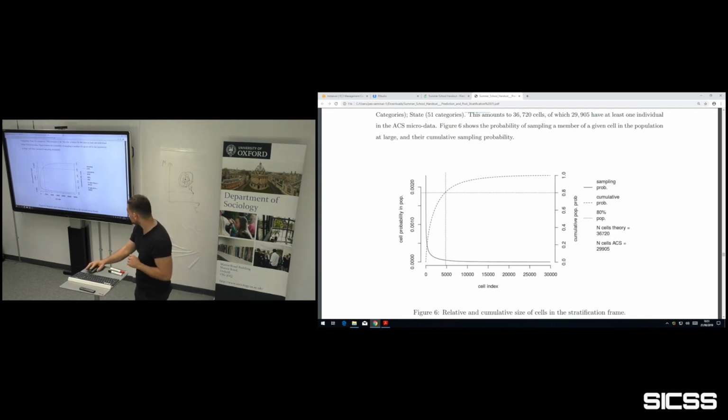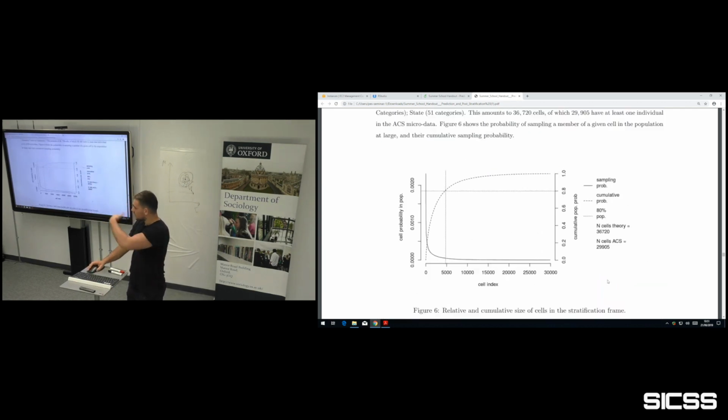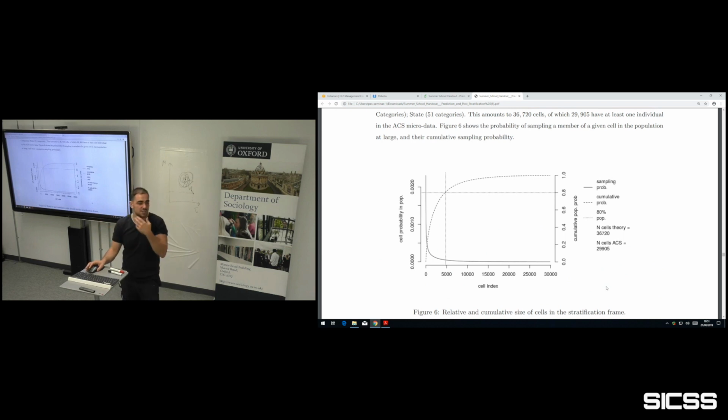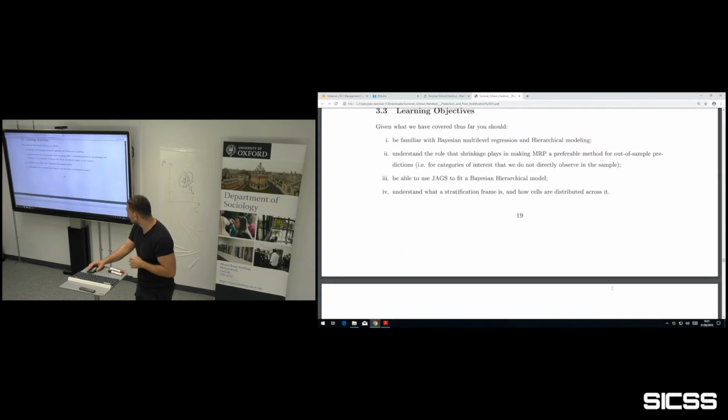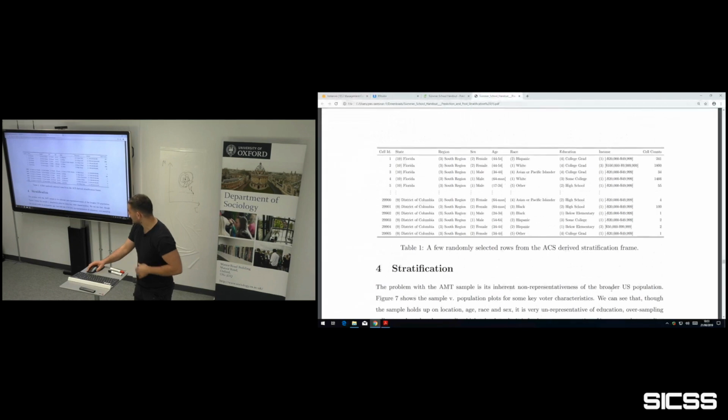Okay. So this is a descriptive of how the stratification cells look, if you were to order and rank them. And this is actually what they look like in practice. This is the cell ID on the left.